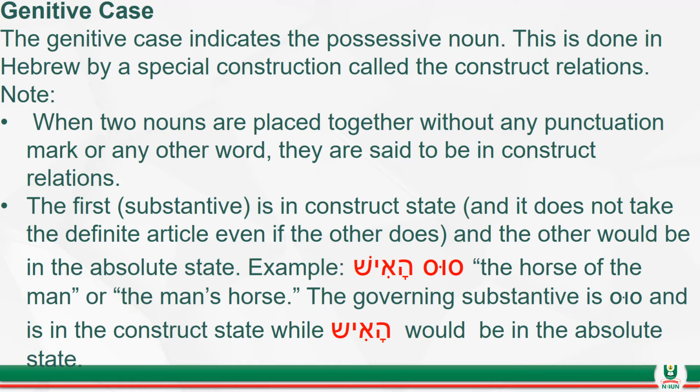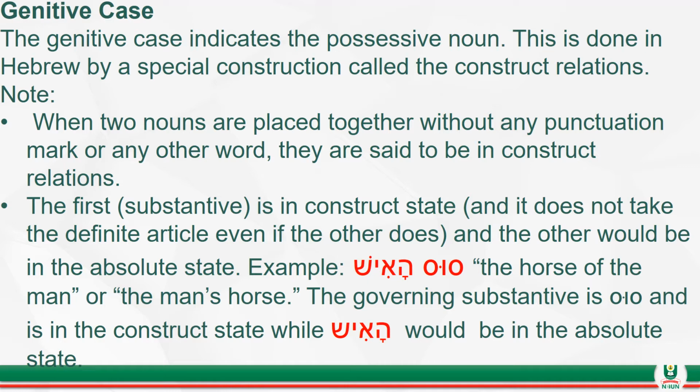The first, that is the substantive, is in the construct state and it does not take the definite article, even if the other noun does. Even if the other noun has a definite article, the first noun does not take the definite article, and it is assumed to be there, especially for the English translator. For instance, Sus ha-ish, which will be translated the horse of the man.